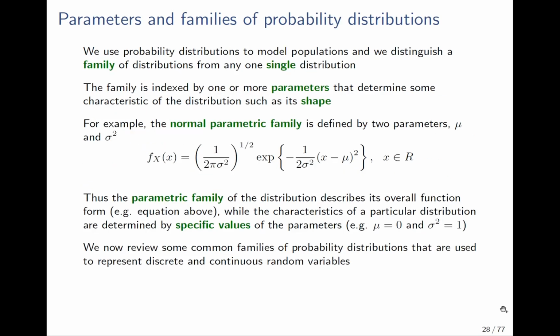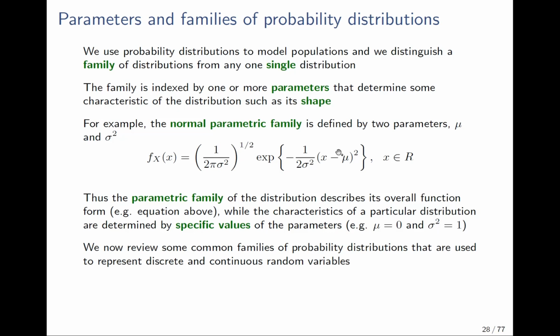Okay, so in the next part of this section, we're going to look at specific probability distributions, specific PMFs and PDFs. And I just want to make one final distinction before we go on to do that. We're using probability distributions to model populations, and what we can distinguish is a family of distributions from a single or observed distribution. So a family of distributions is indexed by one or more parameters that determine some characteristic of its distribution, such as its shape.